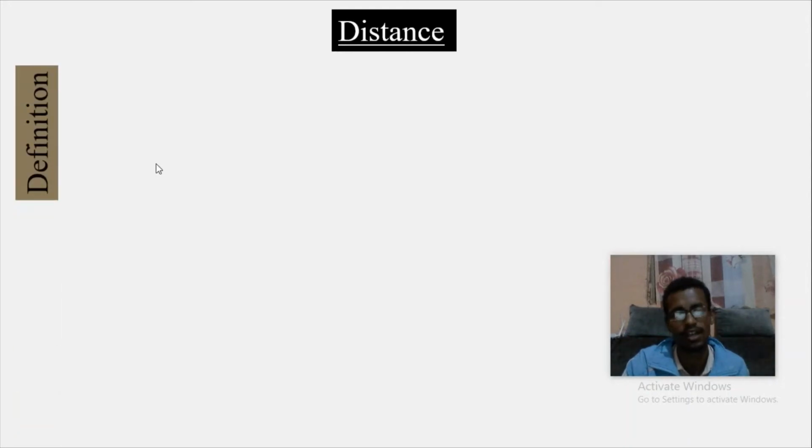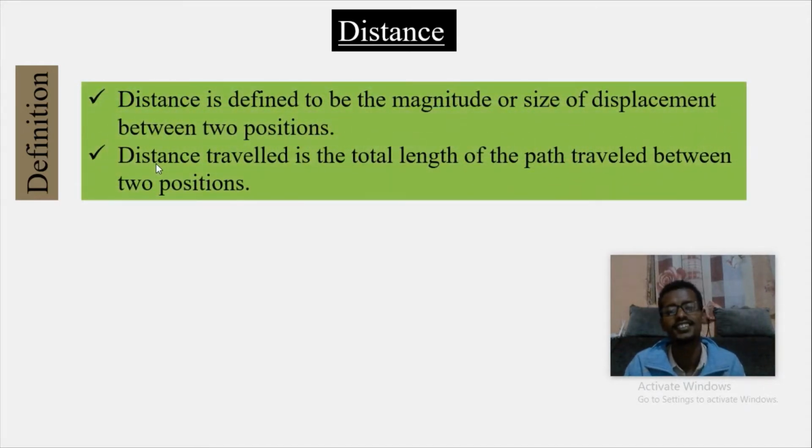Distance. Let's start from the definition. What's distance? How can we define distance? Distance is a physical quantity. Since we are studying physics, we are all around physical quantities. So what's distance then? Distance is defined to be the magnitude or the size of displacement between two positions. Distance traveled is the total length of the path traveled between two positions.